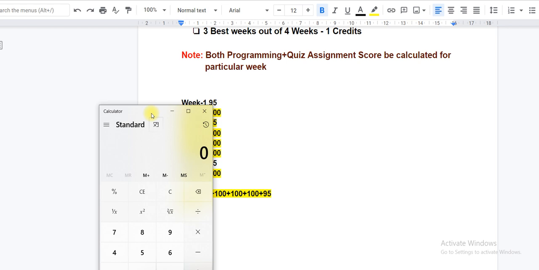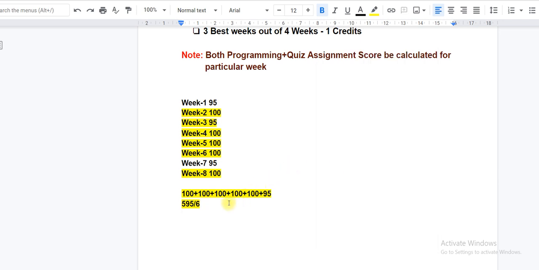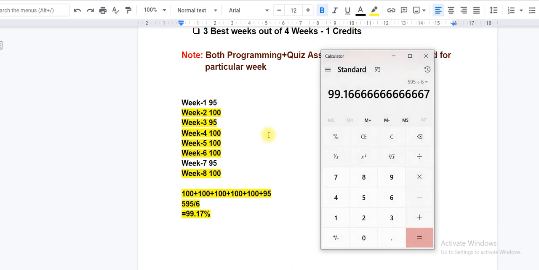Okay guys, just bear with me. Okay, so here our score is 595 by 6. So our score is going to be 99.17%. Okay guys, I hope up to now I am very clear.